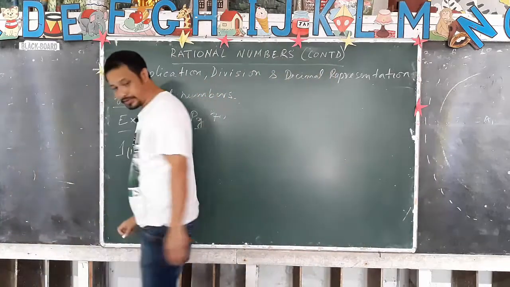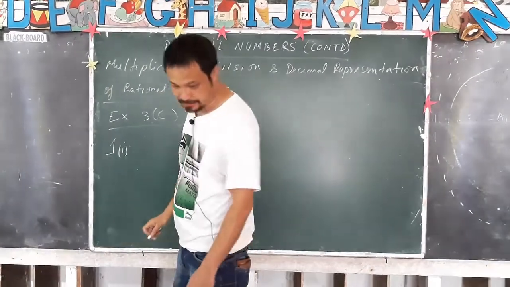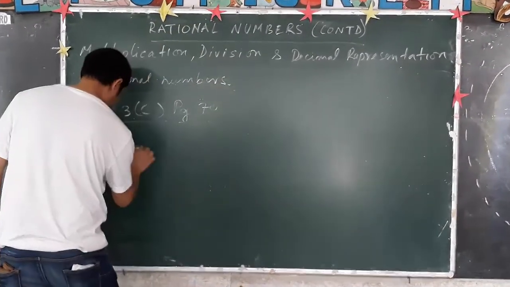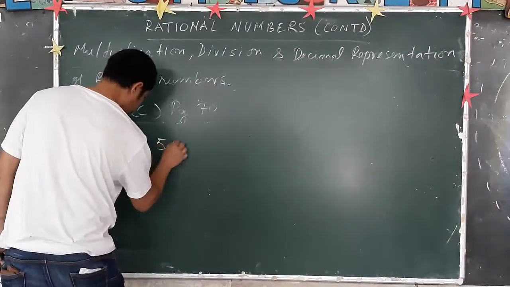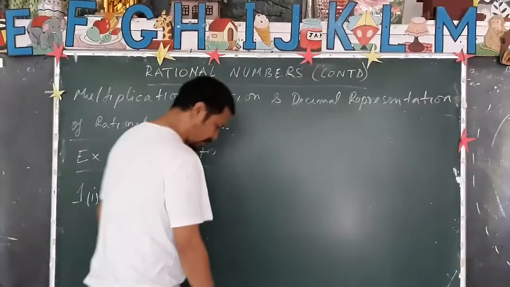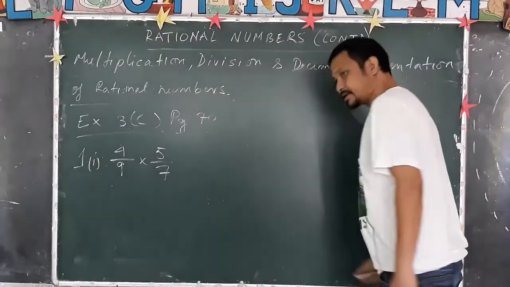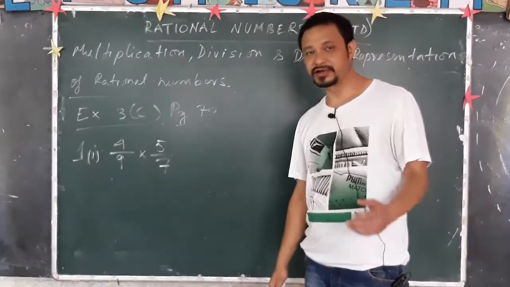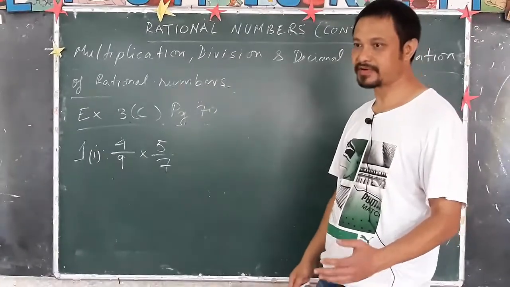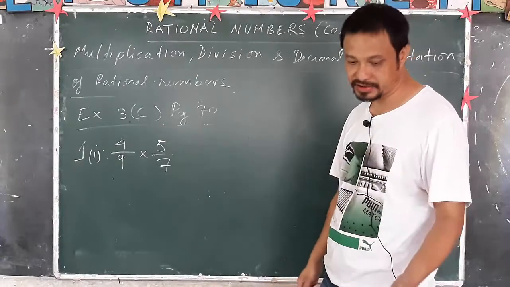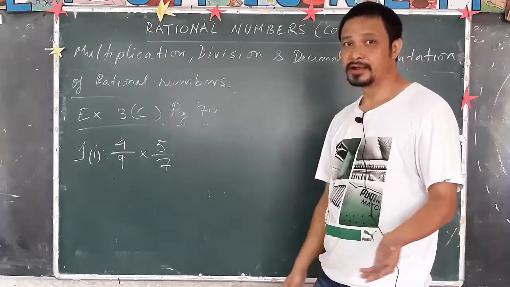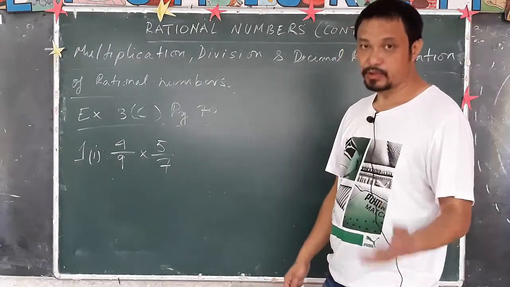I don't know whether you remember what I told you last time. I told you about the 4 operators in maths: addition, subtraction, division and multiplication. And whenever a number in a fraction format, that's the rational number, meets, what do they do?